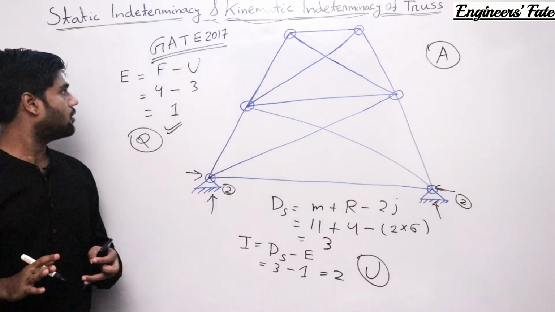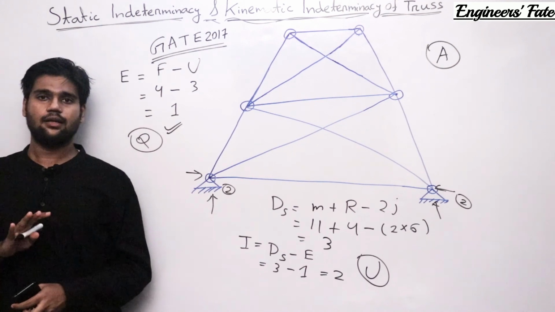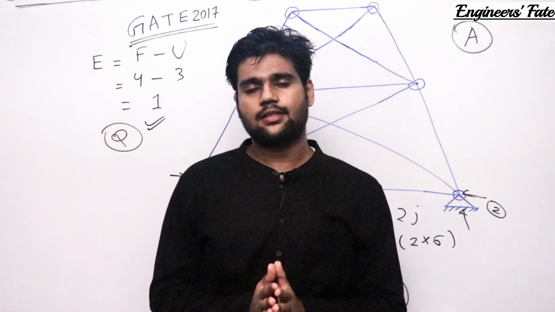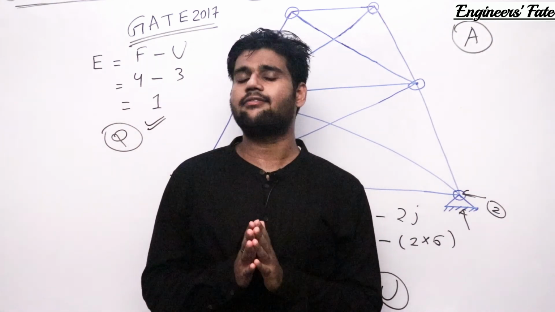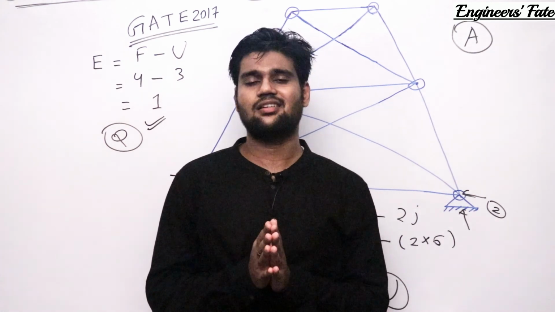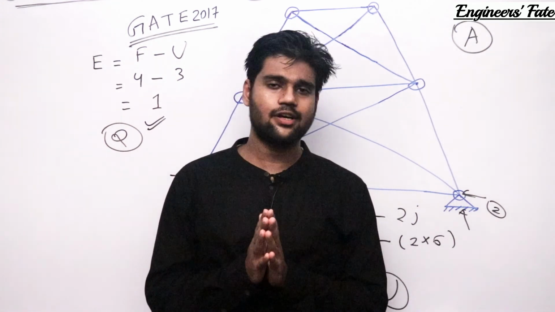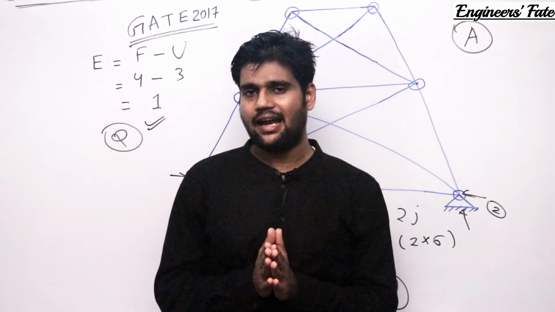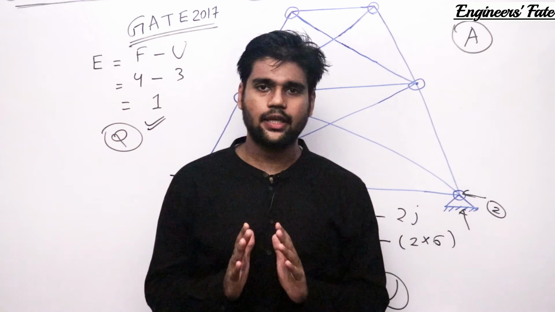So I hope you have understood this question. Please note it down. I have discussed all those concepts, then after the concepts I have solved all the GATE questions asked regarding the truss, ds and dk. And I guarantee that you can't find these concepts anywhere.